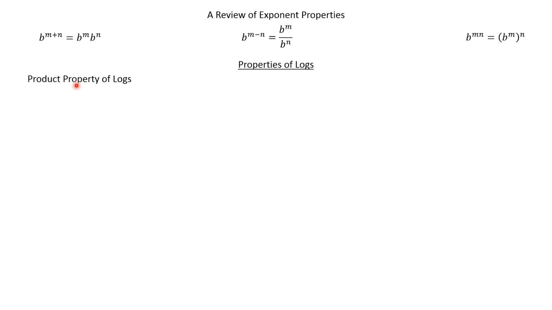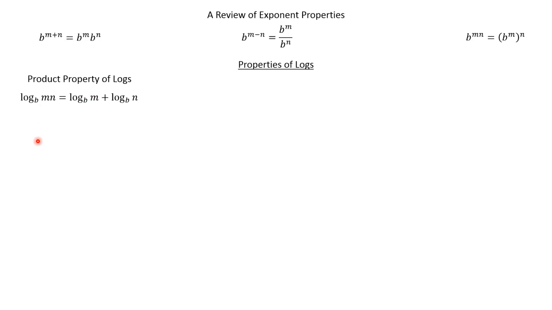What the product property says is if we have a log of two things multiplied together, we can split that up and add them. Notice exponents, we had two things, means we add the exponents. Remember, the log is the exponent. So this is an exponent plus an exponent. That's how it kind of translates.